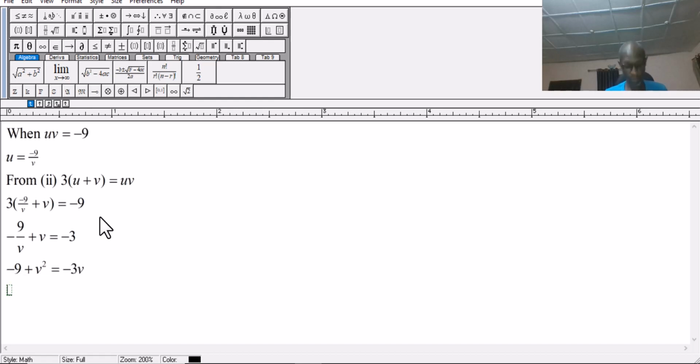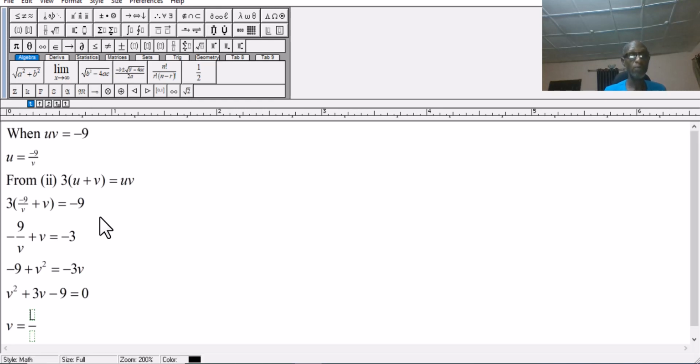So let's solve this. This will be v squared plus 3v minus 9 equals 0. So this one, you cannot easily get the value for your v. So the best thing is to use your quadratic formula.